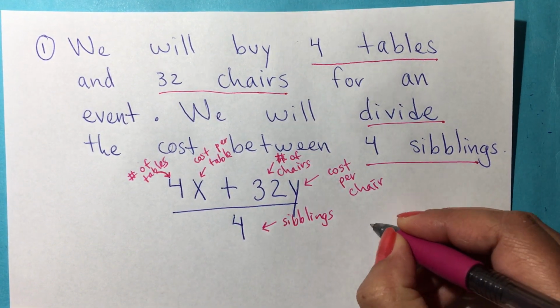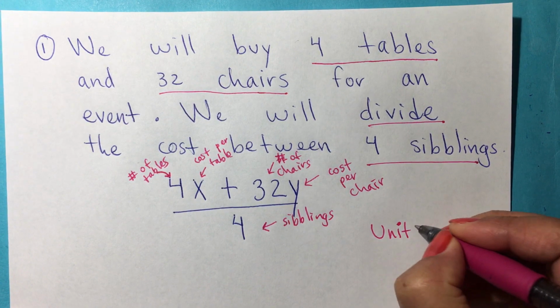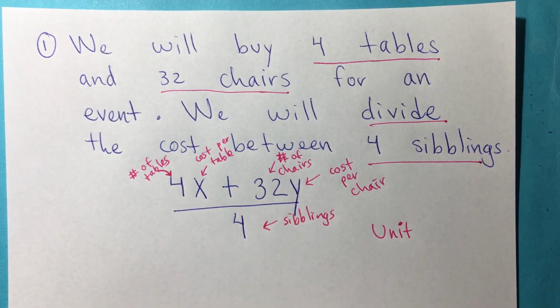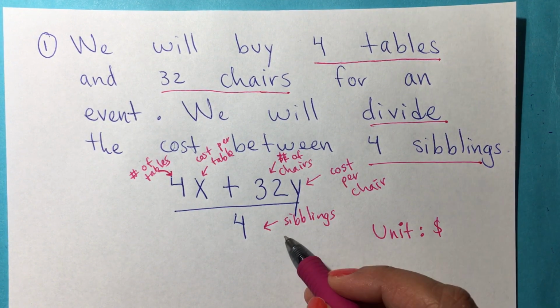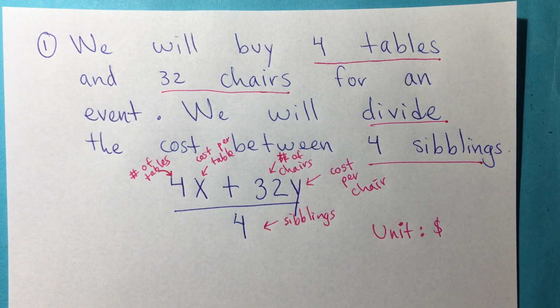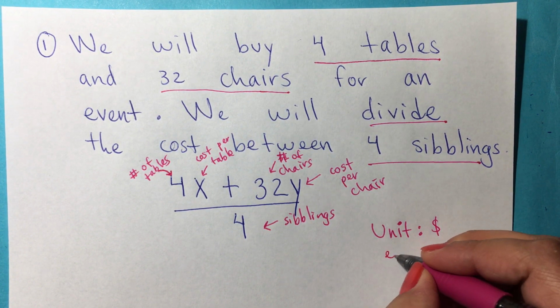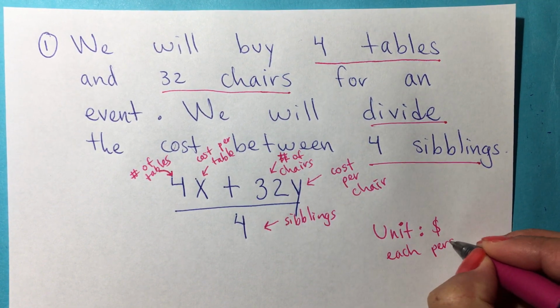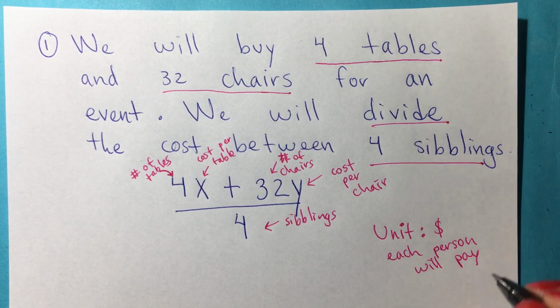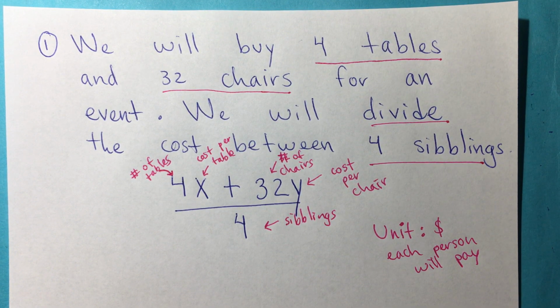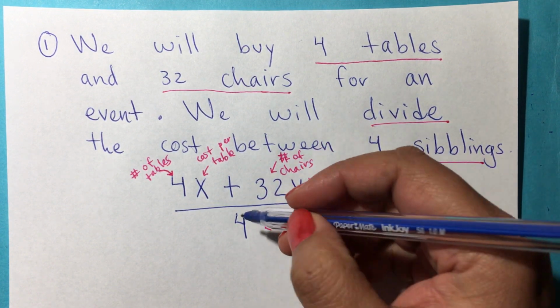So the unit in here we can set at the end will end up with money, right? How much each person will pay. So that will be the money each person will pay. And so sometimes you're able to simplify, but in here, let's see.